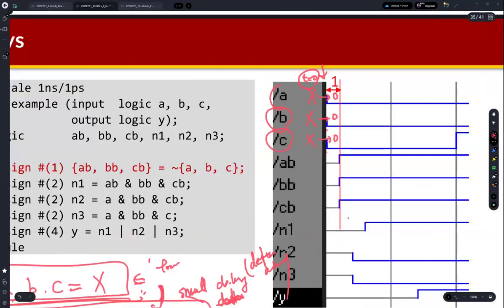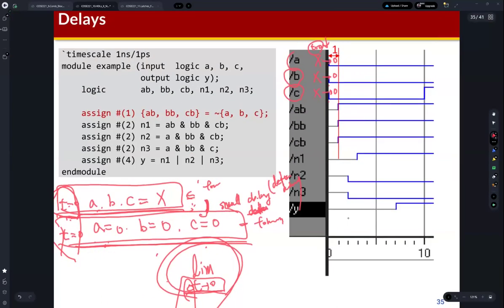Okay, because the right-hand signals are changed at t equals 0, this assign statement will be executed because the values are changing, right? The NOT operation will be executed, but the output is reflected after 1 nanosecond.